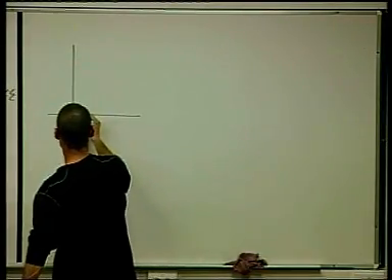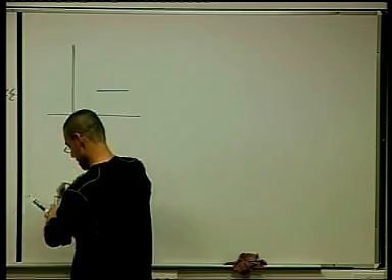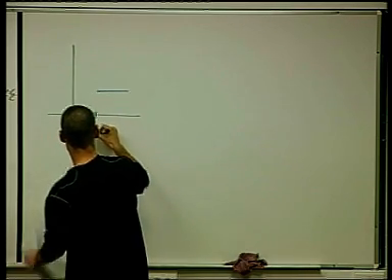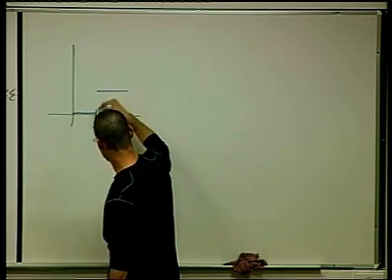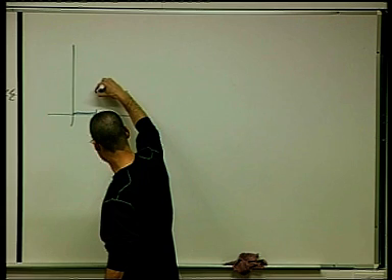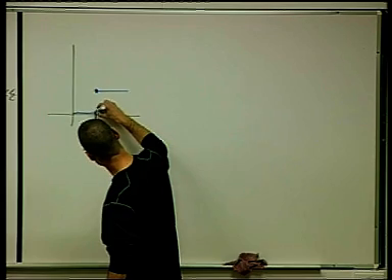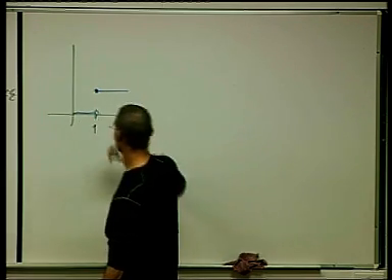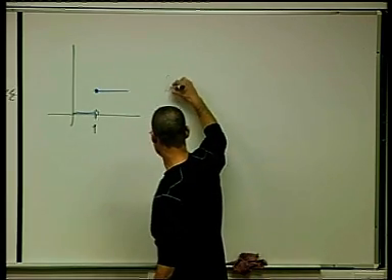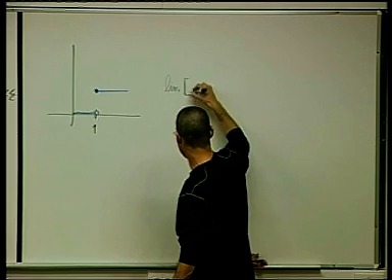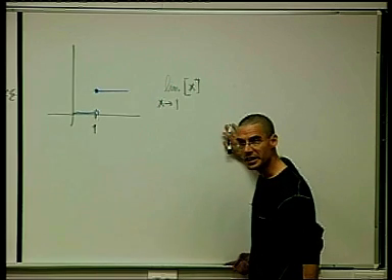So let's look maybe at the step here. So here's 1. 1 is going to be our A. And by the way, the value at 1 itself is 1. So there's maybe a full bullet here and an empty bullet here to indicate that. Do you agree? The limit of bracket x as x approaches 1 does not exist.